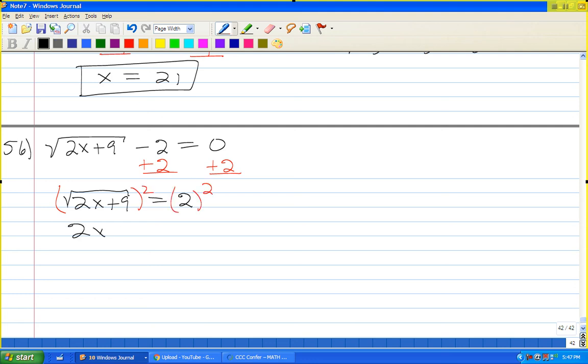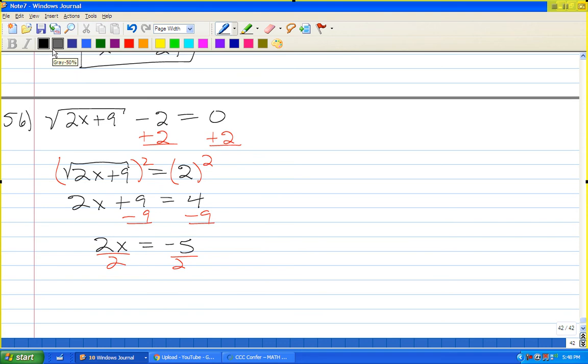And so the square gets rid of the square root. 2 squared is 4. Subtract 9 from both sides of my equation. So 2x is equal to negative 5. Divide by 2. So x is equal to negative 5 halves. Let's check.